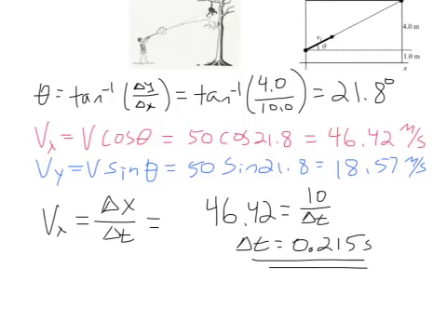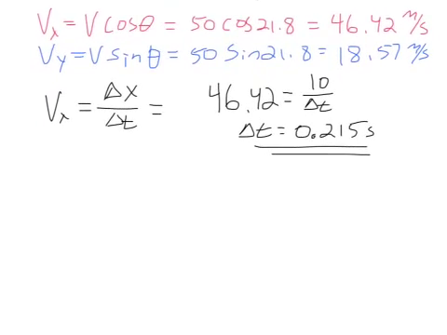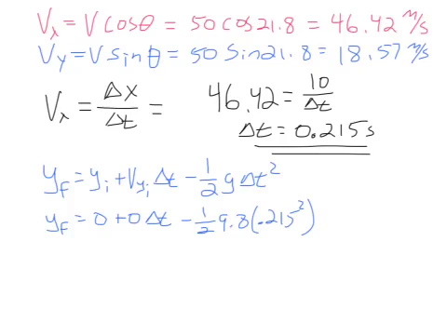Okay. Now we want to use kinematics equations to figure out how far the banana would fall. So we're going to look specifically at the banana at this point. I'm setting my initial position as 0 up on the light pole, and my initial velocity in the y direction is 0.